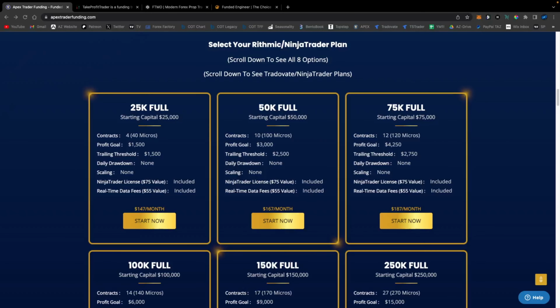Now that we have talked about spread and slippage, which is really a major difference between futures and CFD funded accounts, and we also talked about the different execution platforms, I think the next most important thing is the futures challenge compared to the CFD challenge itself.